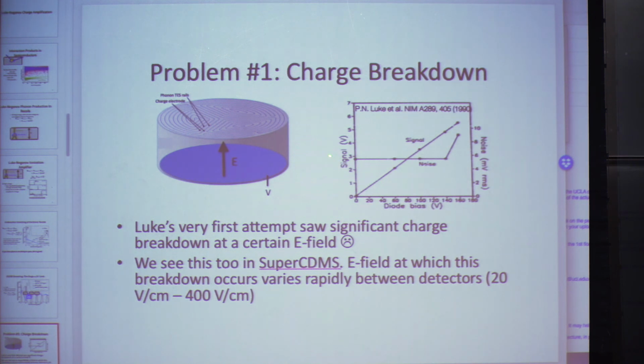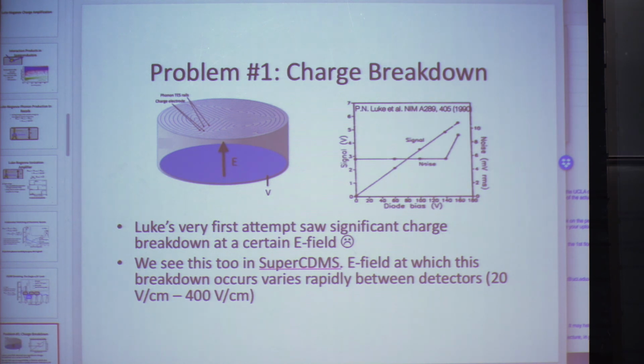And this is exactly what Paul Luke saw: as you increase the voltage bias, your signal was gained linearly, your noise stayed exactly the same, and then suddenly your noise started to increase rapidly. That's because you start to have charge leakage across your crystal. Your charge leakage across your crystal is random. It starts to give you random phonons. Those random phonons start to give you a lot of noise. And this is the core problem.